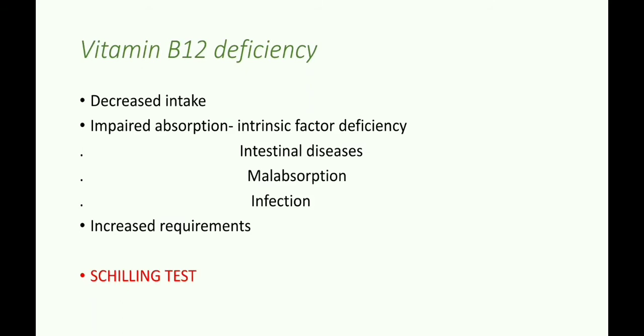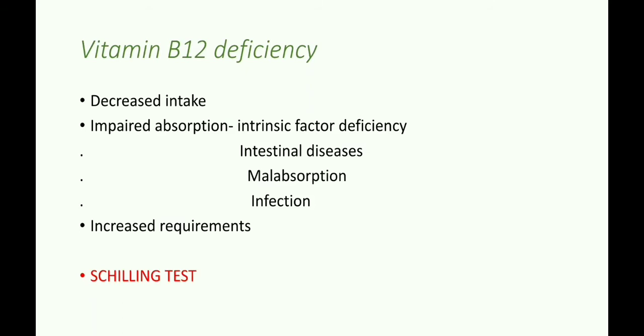Here I would like to introduce a test, that is the Schilling test, and this is a test which cannot diagnose vitamin B12 deficiency, but once it is already diagnosed, you can identify the cause of this. That is, you can differentiate the megaloblastic anemia due to intrinsic factor deficiency from other causes of vitamin B12 deficiency.